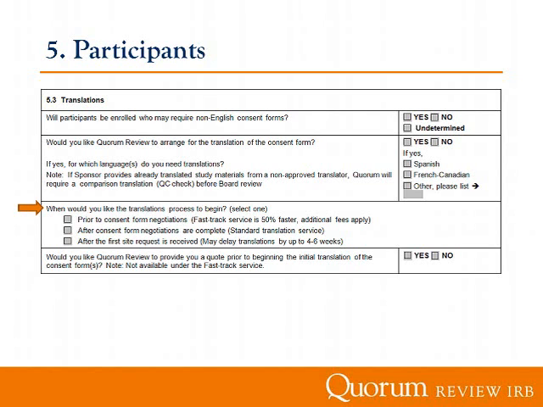It is our standard practice to translate the consent form after it has been finalized. However, you can choose to fast-track the translation for an additional fee. If you don't plan to enroll any sites in the study for a period of time, you can always postpone the translation until the first site requests one.